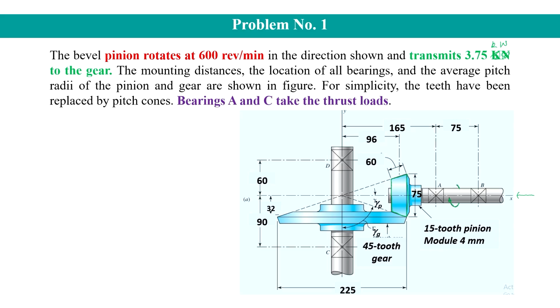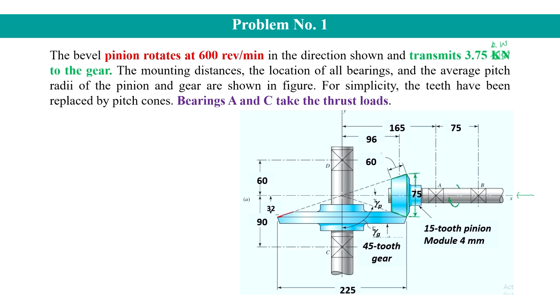The mounting distances, the location of all bearings and the average pitch radii of pinion and gear are shown in the figure. That means from the big end when you will see the pinion, this is the pitch diameter of the pinion. Similarly, the pitch diameter of the gear will be from its big end.